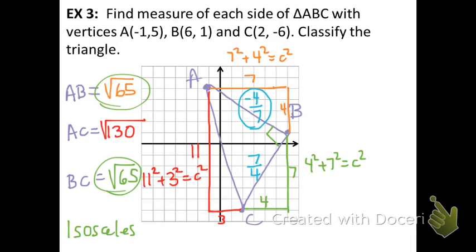We talked about how these are opposite reciprocals. Because they're opposite reciprocals, or negative reciprocals, we know that they are two lines that intersect to form a right angle. So then that does tell us it's not only isosceles, but it's a right triangle. When you do your homework, though, it will only ask you to classify it according to its sides.